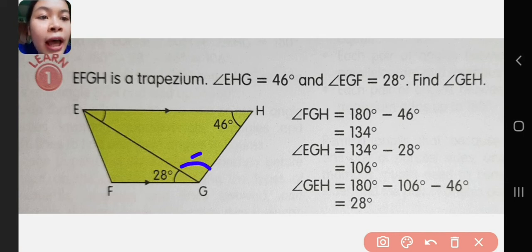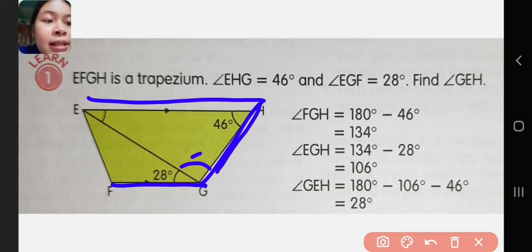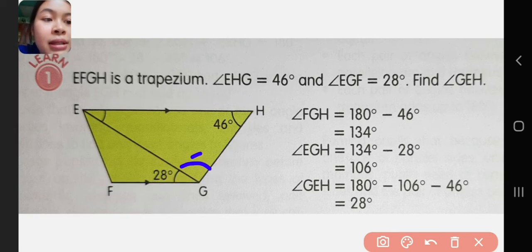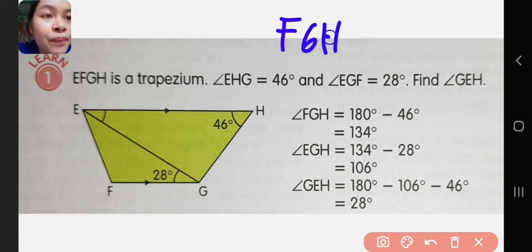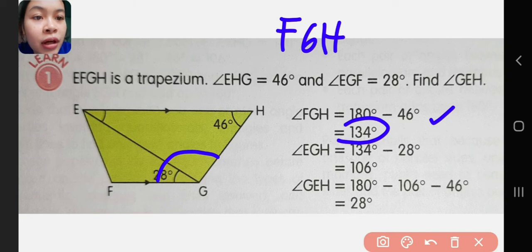How to find EGH? Remember, FGH and EHG are in the same line, so they add up to 180 degrees. To find FGH, it is 180 degrees minus 46, so all of that from here to here adds up to 134 degrees.